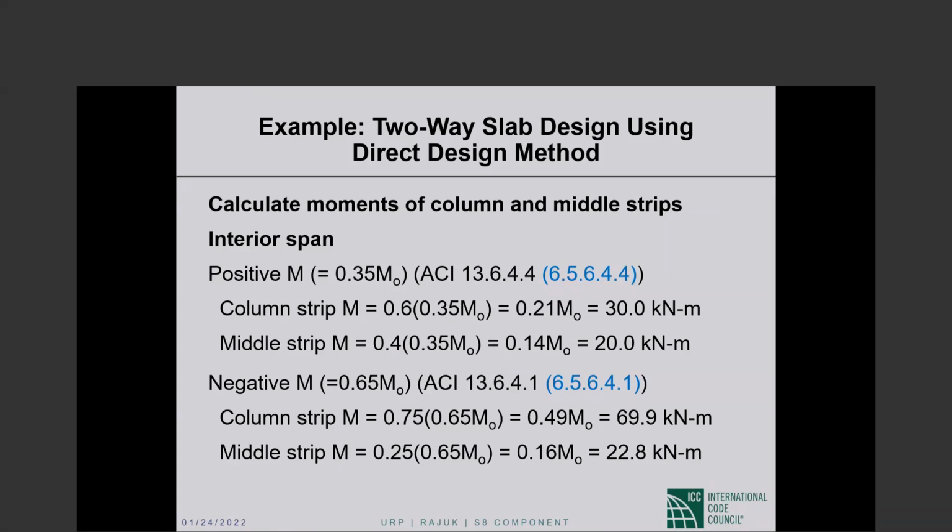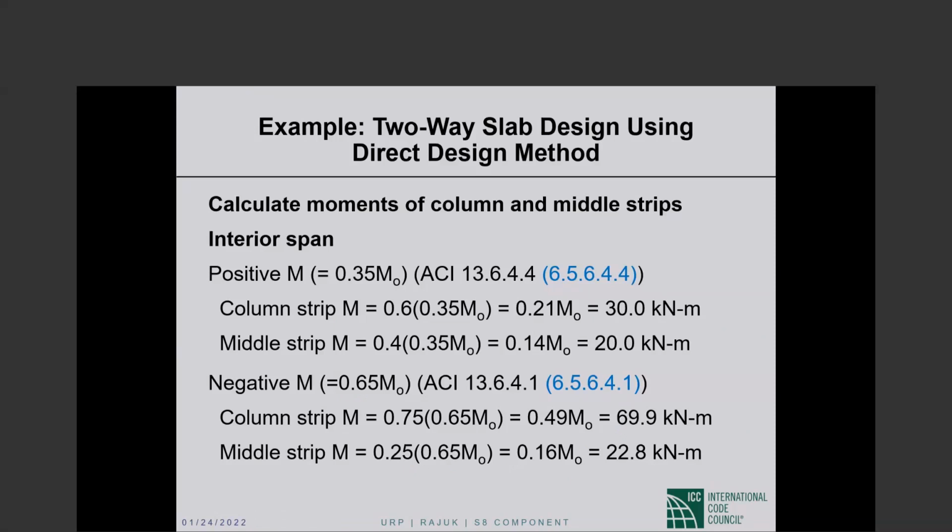Okay. The negative moment is 65% of M sub 0. 75% of that goes to the column strip, 25% of that goes to the middle strip. The column strip negative moment comes out to 69.9 kilonewton meters.